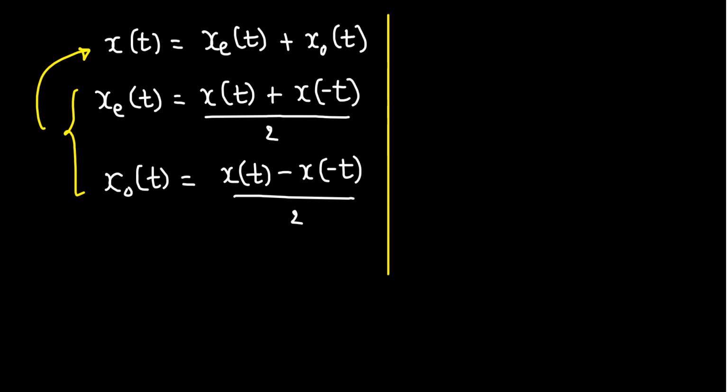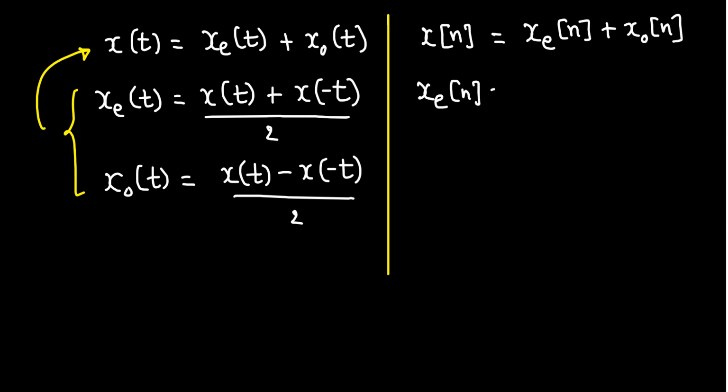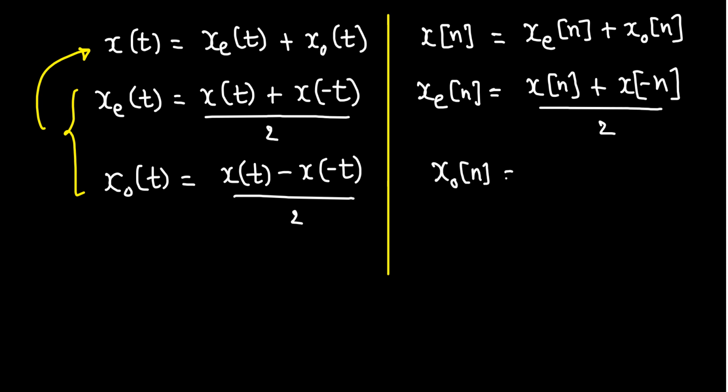So if we have x of n, any discrete time signal can be expressed as a summation of its even component and its odd component, where the even component xe of n is defined as x of n plus x of minus n by 2, whereas the odd component xo of n is defined as x of n minus x of minus n by 2.